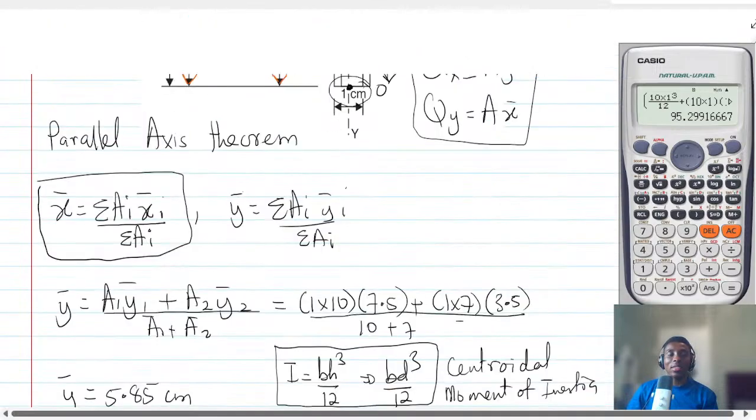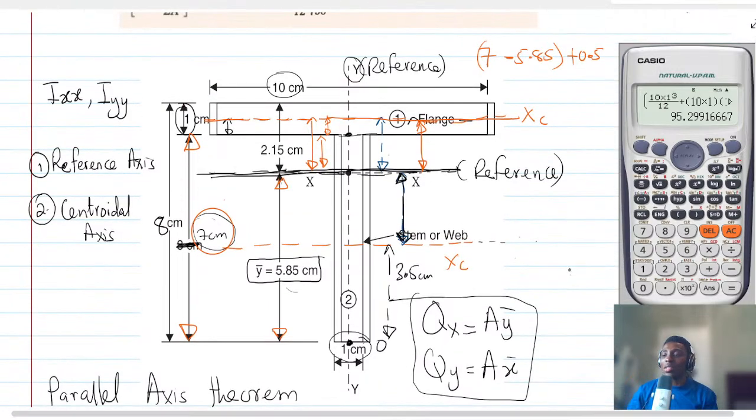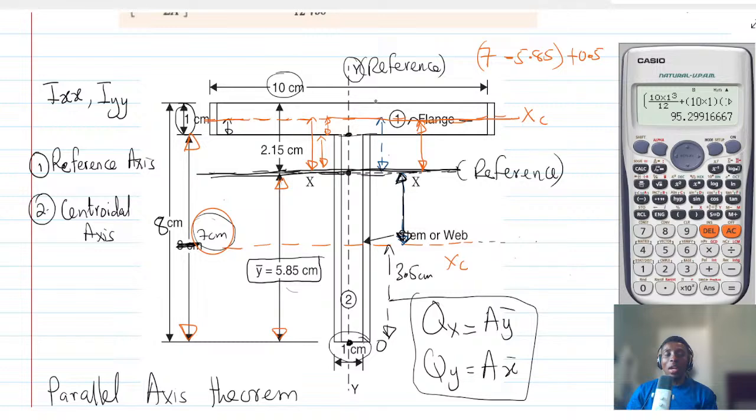But who can tell us, I want someone to help us with this. Please look at the question carefully. If you draw a centroidal Y axis, it will pass through exactly where the Y axis is, which means that the Y axis is passing through the centroid exactly. So what is the parallel axis distance between this reference Y axis and the centroidal Y axis of the areas?